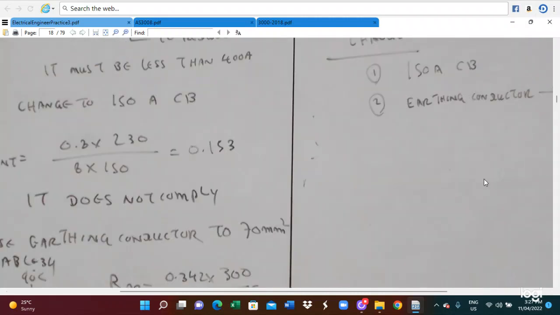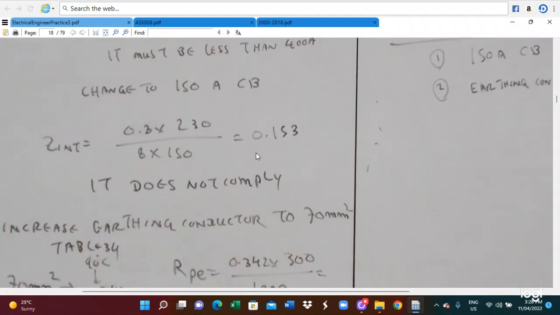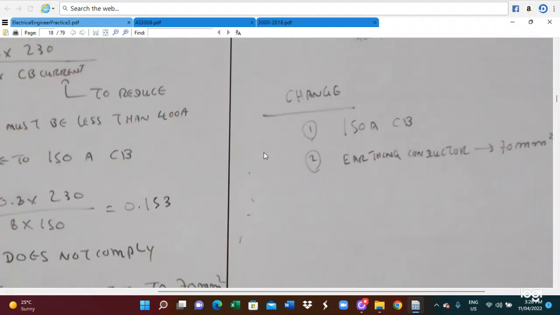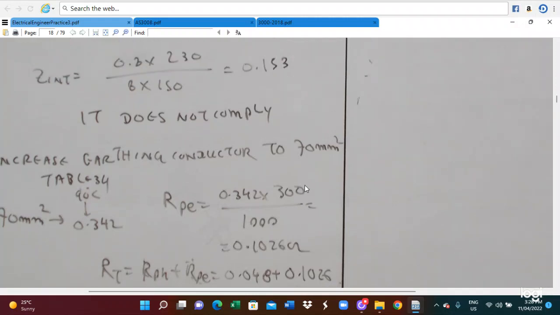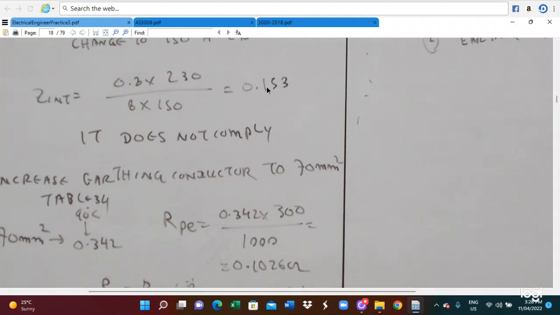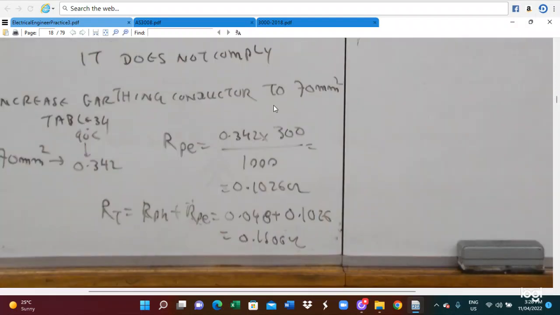And also we increase the earth wire size, originally 50 millimeter square, to 70. So we calculate the resistance again, and based on the load resistance with those changes, the total ZRT is equal to 0.1106. So this is less than the ZINT 0.153. Therefore, it complies and the circuit breaker will be working. So this is the way we can do this.